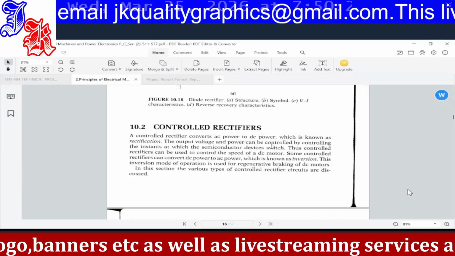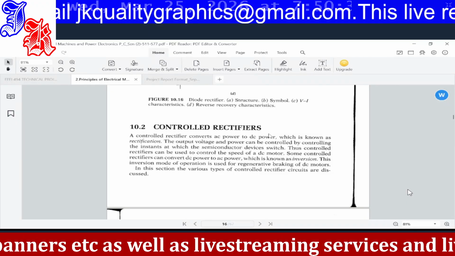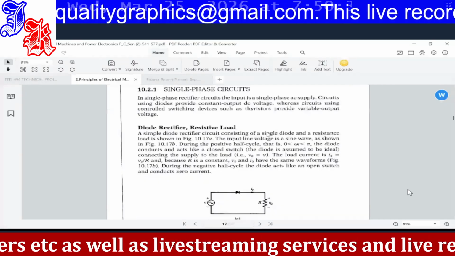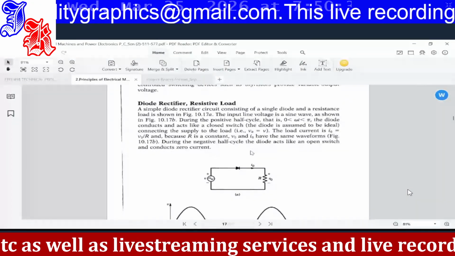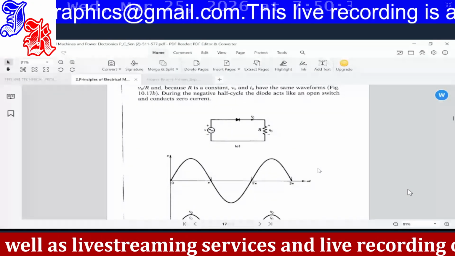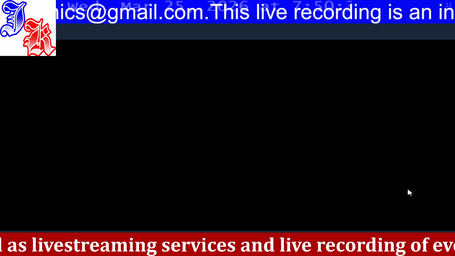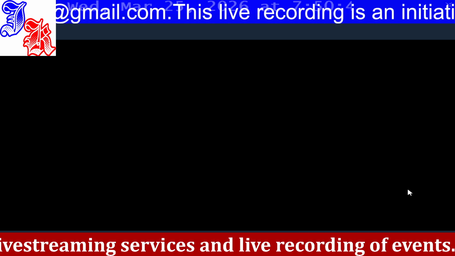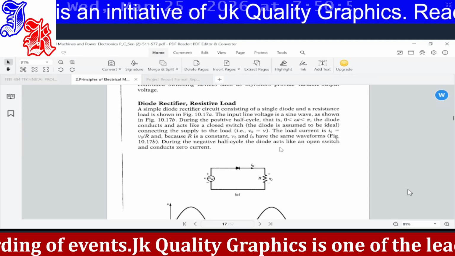From there, we start with single phase circuits where we only have one wave, but we normally have three-phase circuits where we have three of these waves, which are 120 degrees electrically separated. So this is a simple source with a single diode, and we only have resistance within the system.